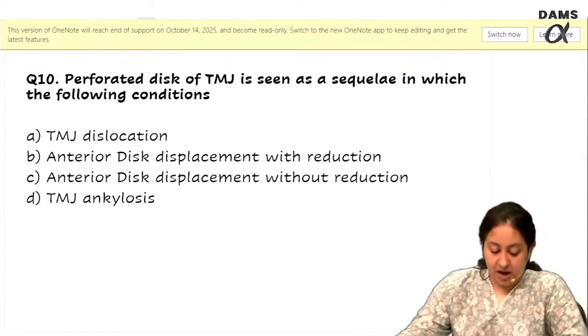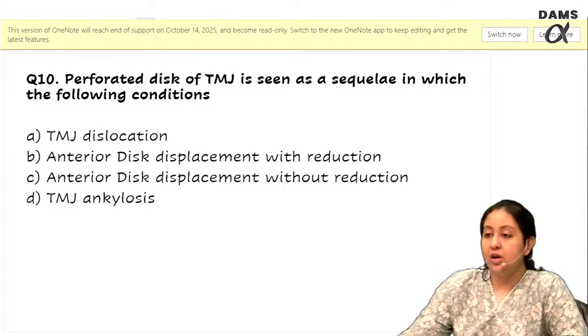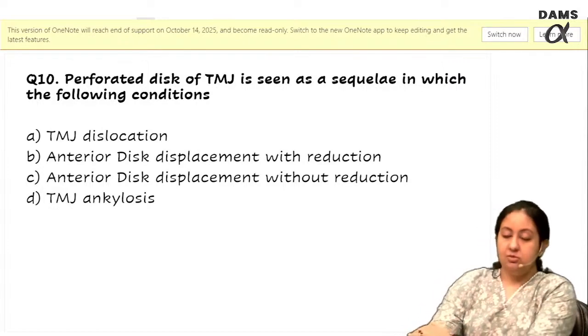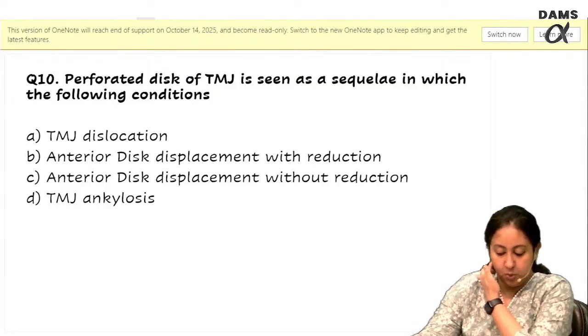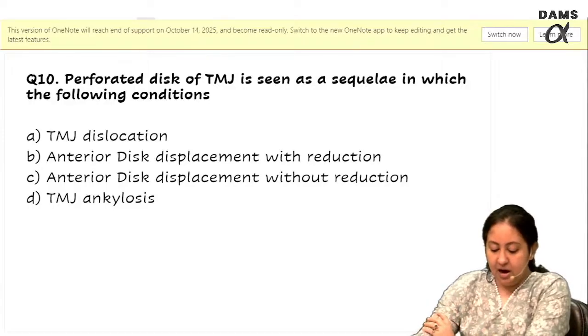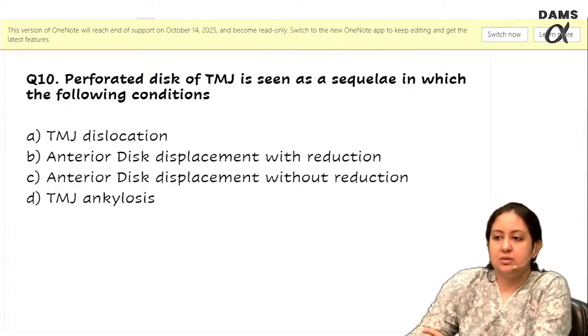Coming to question number 10, perforated disc of TMJ is seen as a sequela in which of the following conditions? A, TMJ ankylosis; B, anterior disc displacement with reduction; C, anterior disc displacement without reduction; and D, TMJ ankylosis.